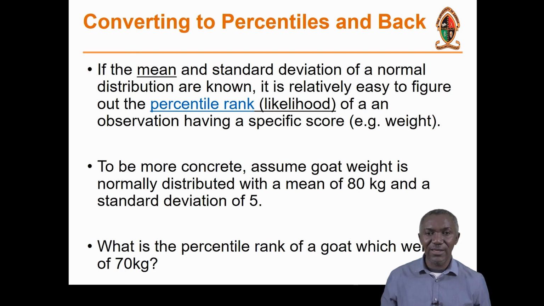If we put that on the normal distribution, with the probability distribution function there, at what percentile rank does this particular goat fall? Taking into account that the 80 kg actually falls on the 50th percentile. You know, the mean is the 50th percentile. So if the mean is the 50th percentile, what percentile rank is this goat which is falling at 70 kg?